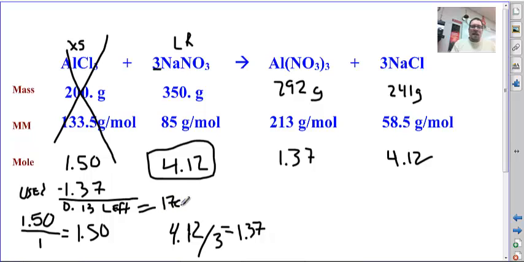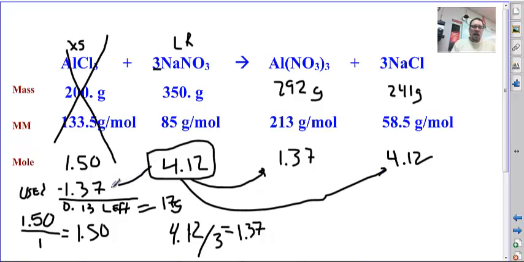Okay. It's the same stoichiometry, but again, I have to use these moles to find this one with my mole ratio, this one with my mole ratio, and then here I can figure out how much was used, so I can find out how much was left, and I can convert that into grams and see how much was left over. Okay? So that's the basics.